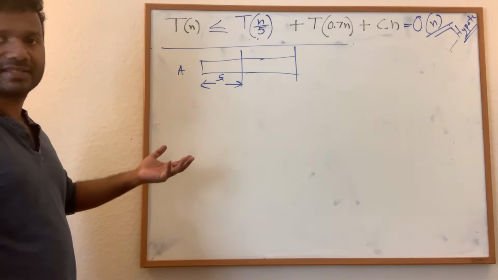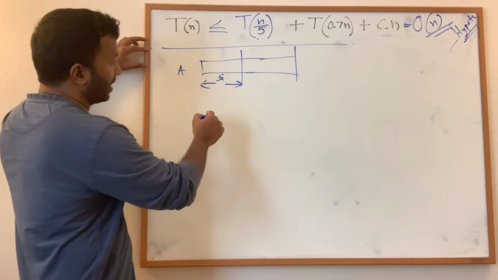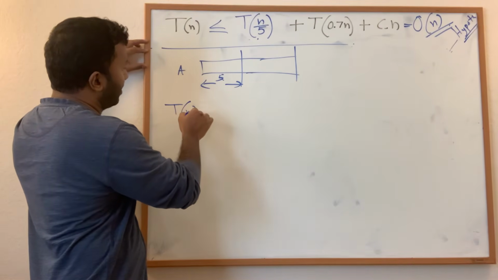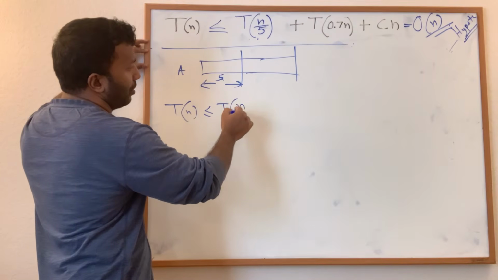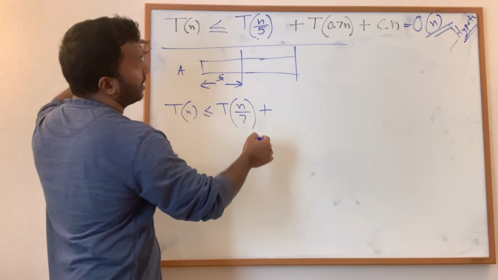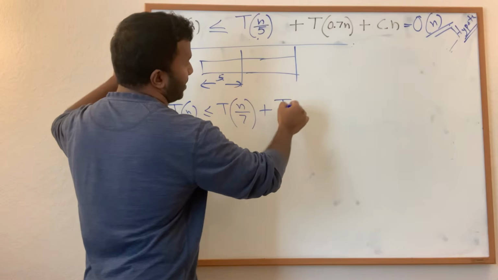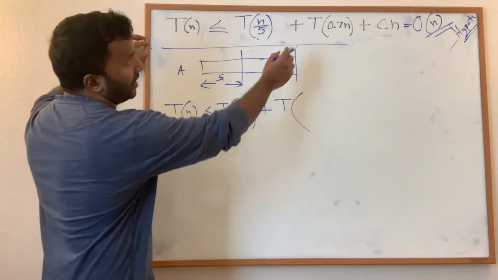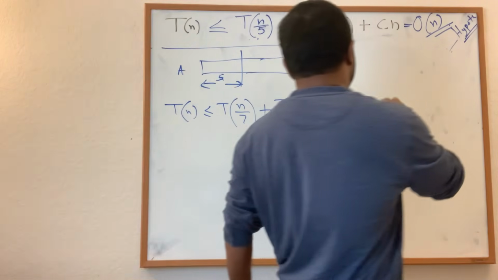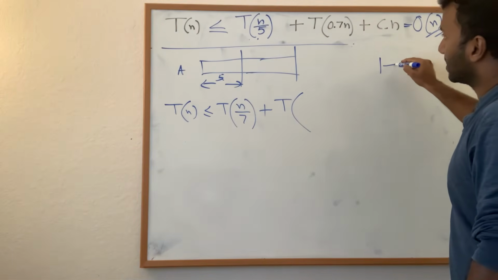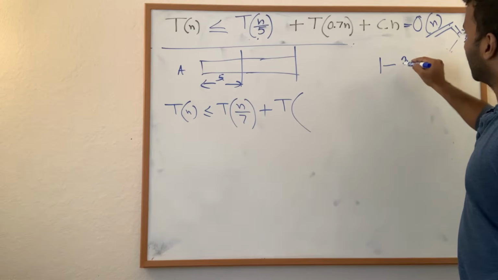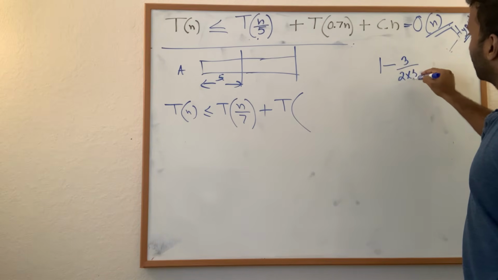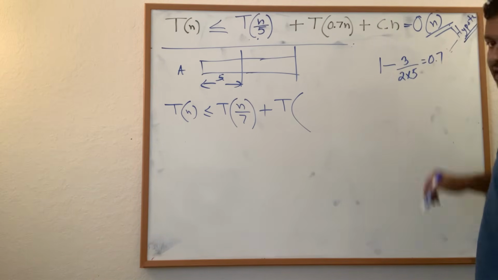For example, if I pick 7, this inequality will look like Tn is less than or equal to, instead of n over 5, n over 7, and the second one will become T of, this 0.7 we got this way: 1 minus, on top you should have 3, on bottom you should have 2 into 5. That is how we got 0.7.